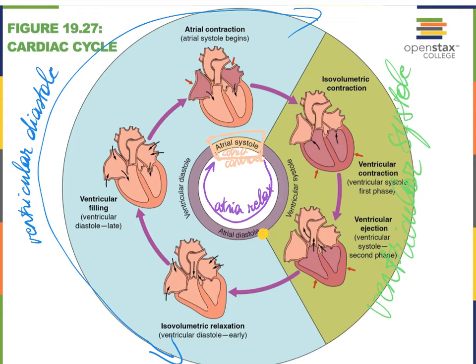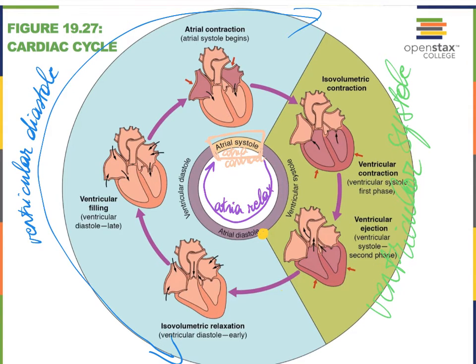The volume within the heart is the same. And this is right before the ventricles go into full-blown contraction, full-blown systole, to where they can literally eject the blood. So we go from isovolumetric contraction to ventricular contraction, ventricular ejection.